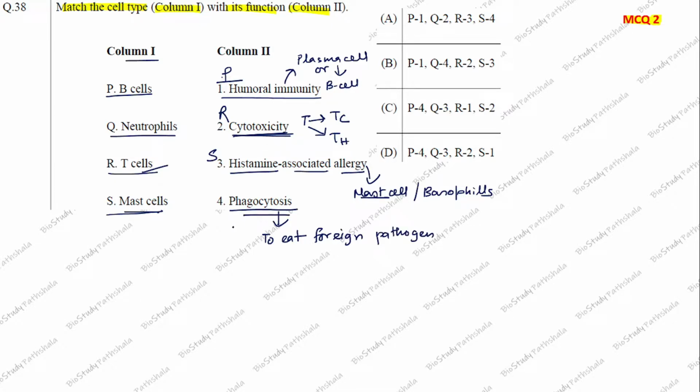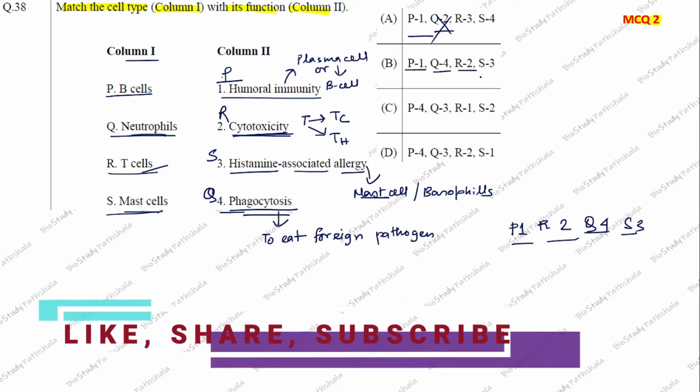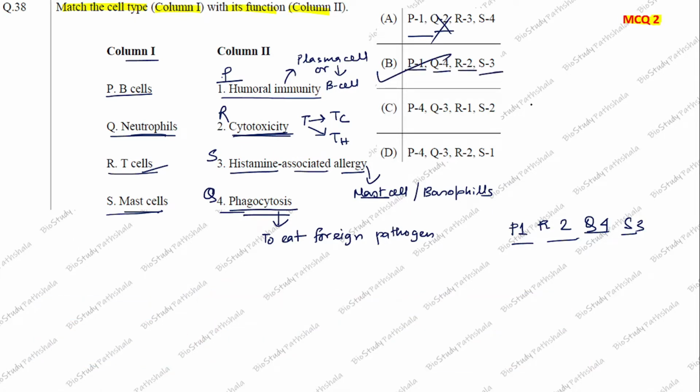So this particular function is performed by neutrophils. So option Q is for number 4. So in this case, P is 1, R is 2, Q is 4, S is 3. So P1, Q4, R2, S3. So option B will be the right answer.